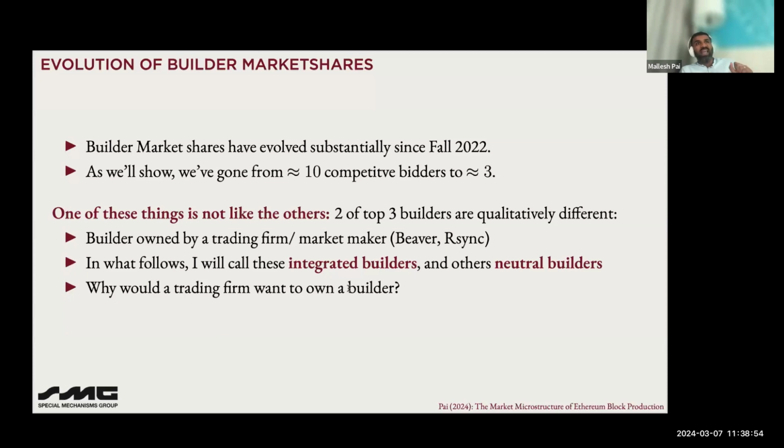So it's not that they're competing away all the ARB profits into the auction. Rule of thumb, so this is not a formal result, our understanding is that the auction revenues are maybe 30% of the total ARB value.